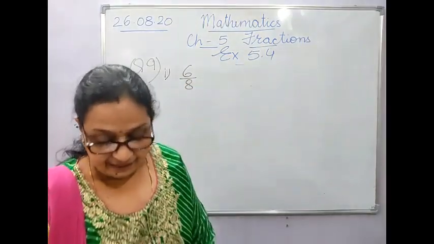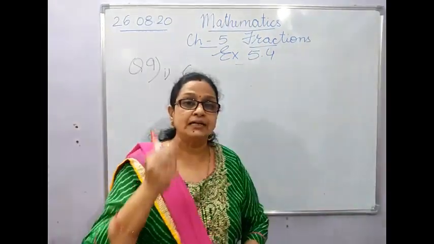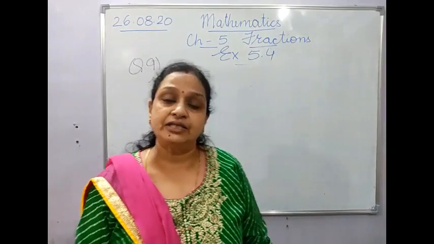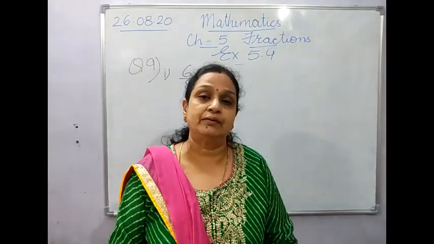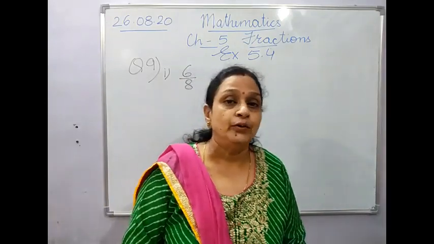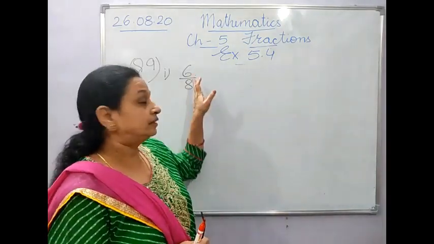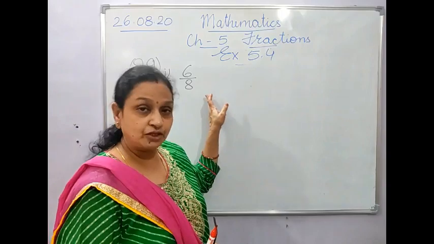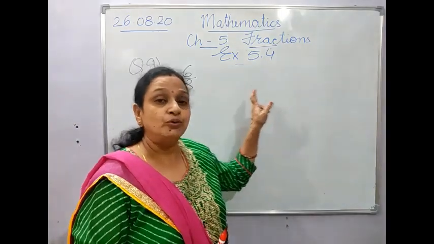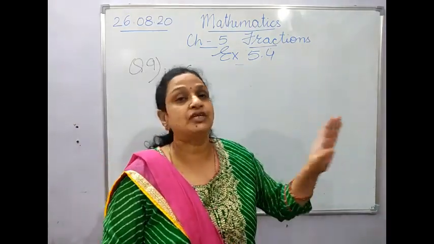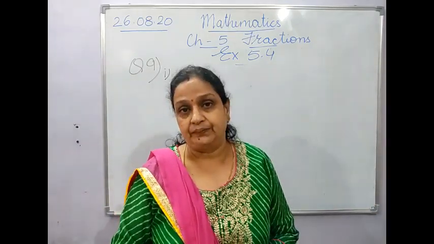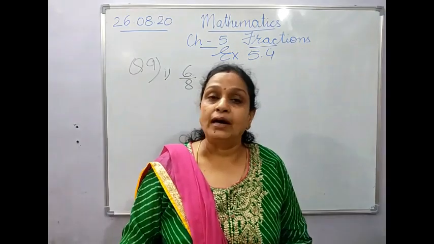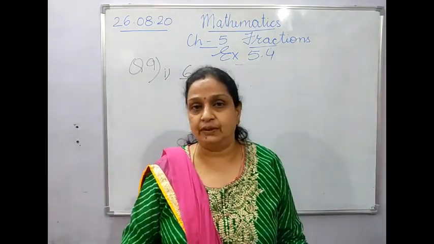Now children, as I have taught you in the previous class, to reduce the fraction to the lowest term, you have to find such a number or factor which can divide both the numerator and denominator together till you get a fraction which cannot be divided by a single number or factor, except 1. Why? Because every number comes in the table of 1.